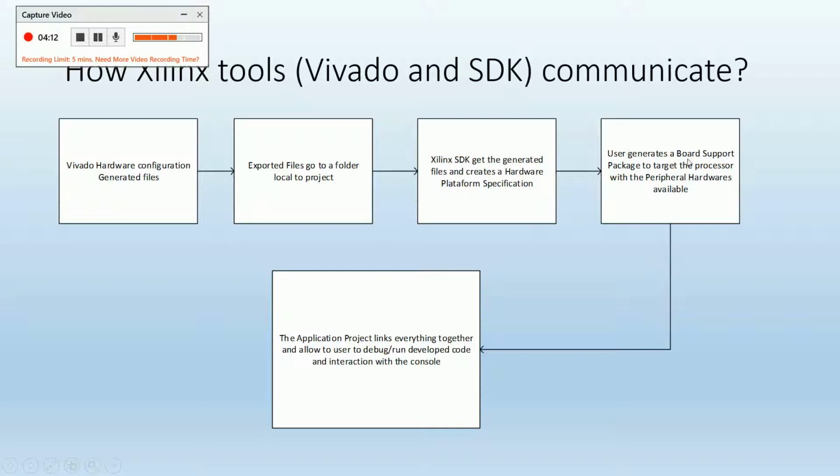Once that's done, we're going to generate a board support package to target the processor with the available peripheral hardware. Then we're going to start an application to put everything together, which will allow you to debug or run the developed code in C and interact with the console.